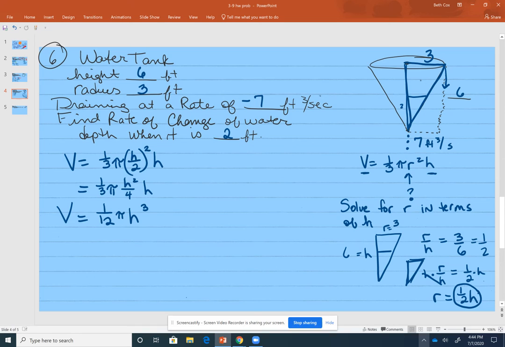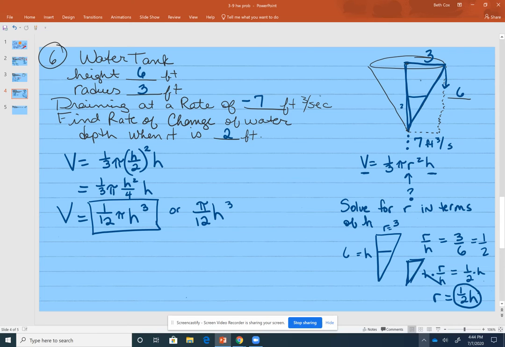That is the answer in the first blank. That is the volume. Or you could say it's pi over 12 h to the third. That's what goes in the first one. That's our volume formula using only one variable. And that goes to that relationship of similarity.